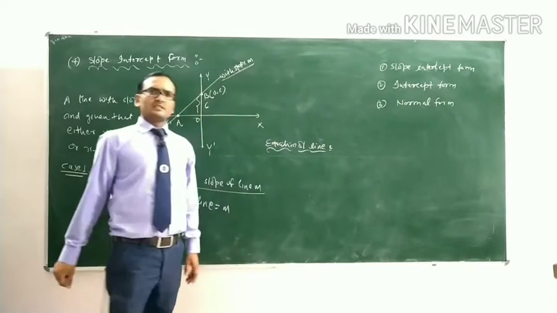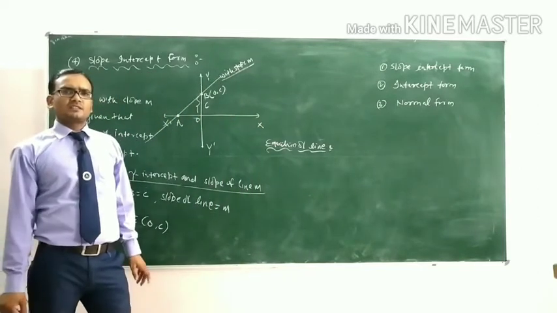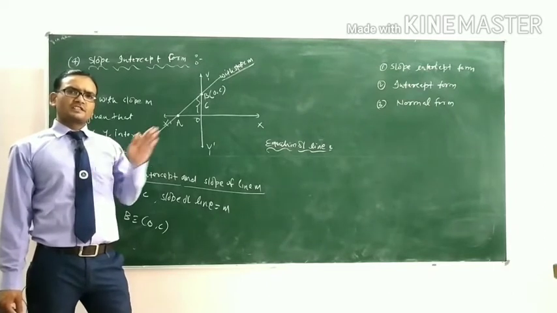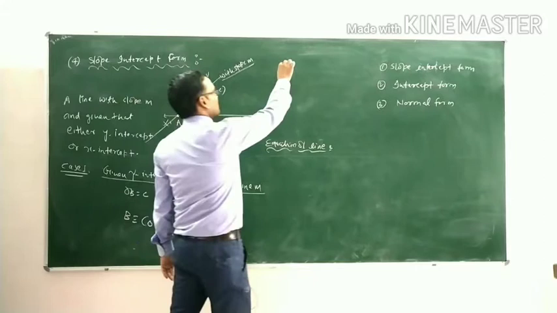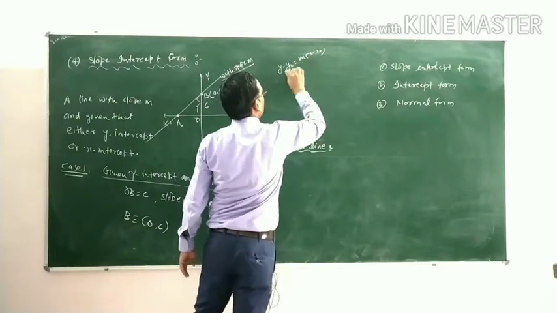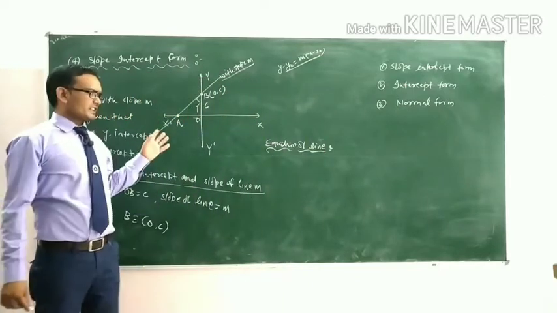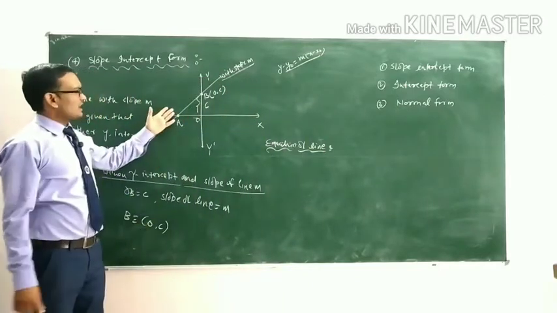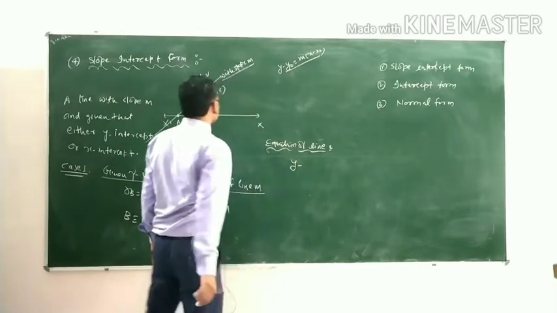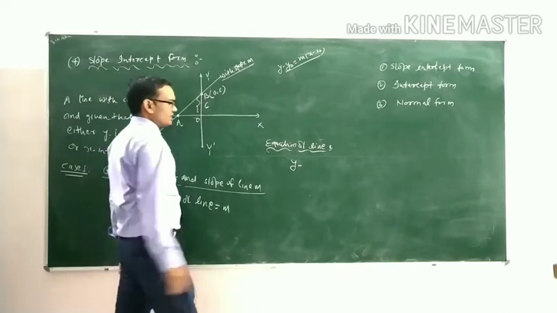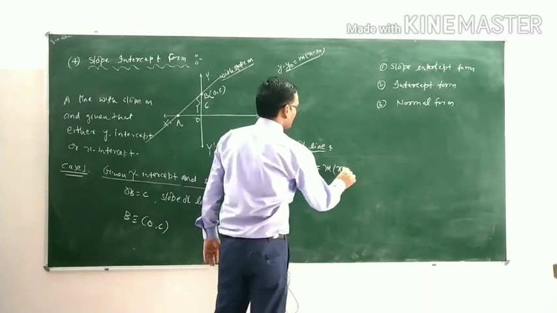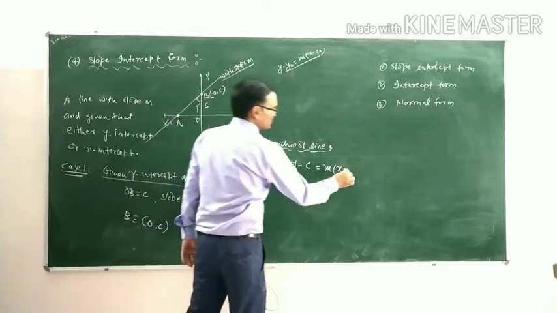we have already studied the equation of the line. If a line passes through one point and its slope is given, what is the equation of the line? y minus y0 equals m into (x minus x0). In this case, y minus y1, where y0 is c, equals m into (x minus 0).